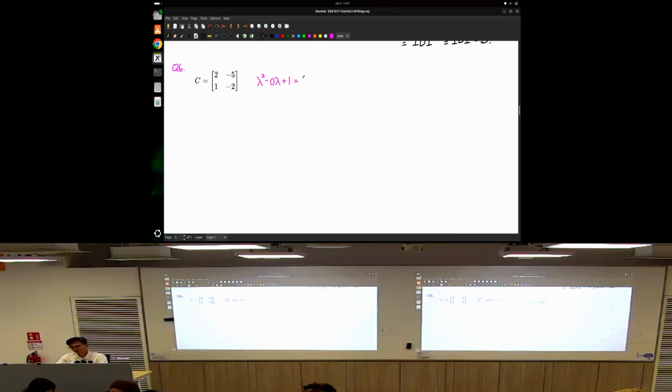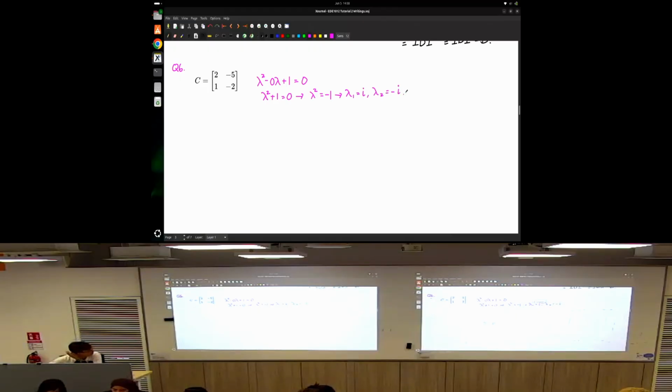If you set this to 0, you get lambda squared plus 1 equals 0. That means lambda squared equals minus 1, so lambda equals plus or minus i. Of course I can say that lambda 1 equals i, lambda 2 equals minus i.